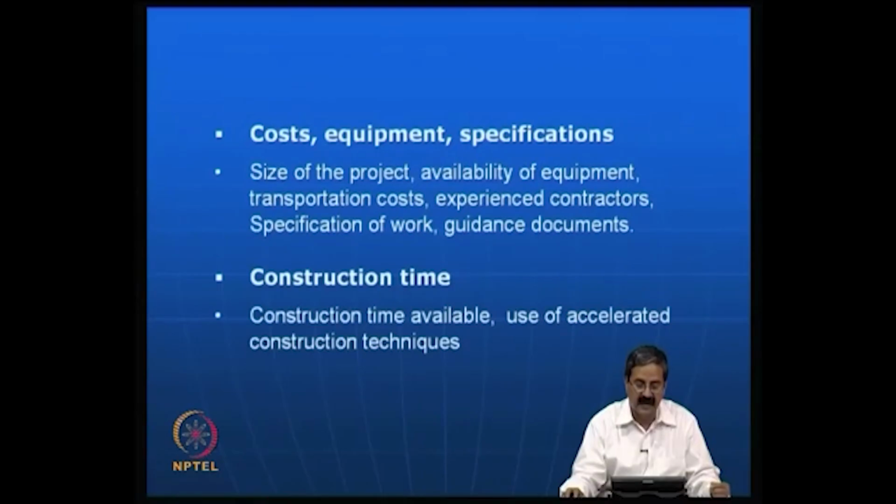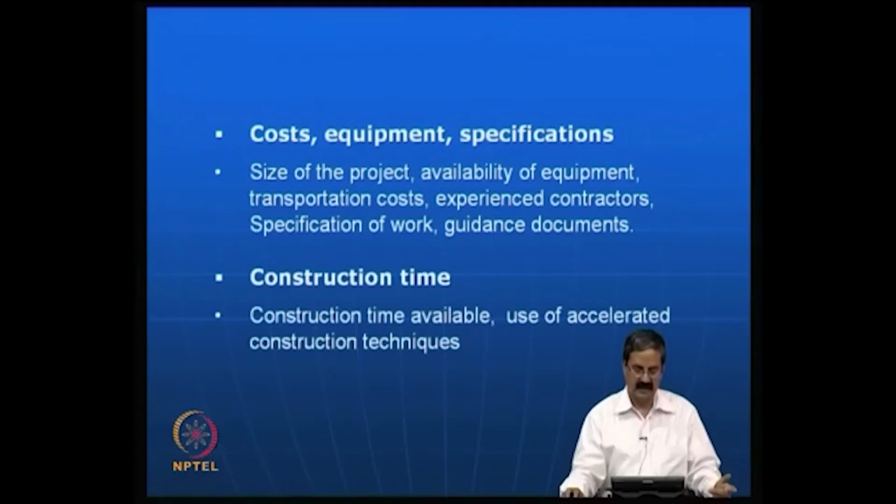Then the construction time. You should be very clear about this construction time, because ground improvement techniques are actually used to save some time. For example, you would like to construct a project in 6 months or 1 year. Normally we will see that there are different ground improvement techniques. Normal consolidation of the soil, for example, takes 9 years for 90% consolidation to occur.